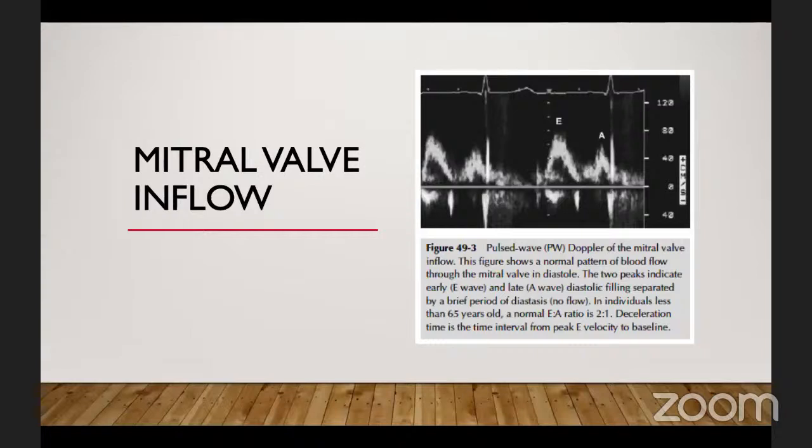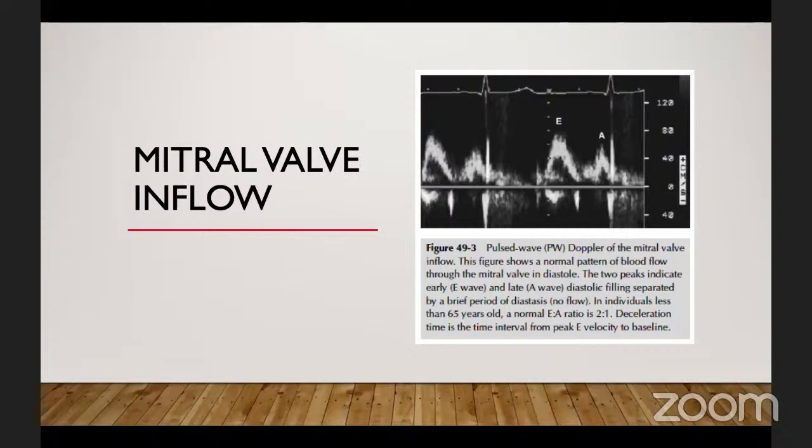Going to the diastolic function, as I said, first one will get a mitral valve inflow. In this one, you will get a pulse wave at the mitral valve leaflet tip, and it will give you the flow during the diastolic phase of the cardiac cycle.